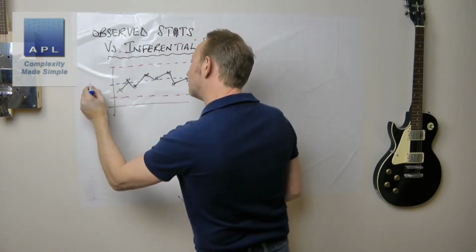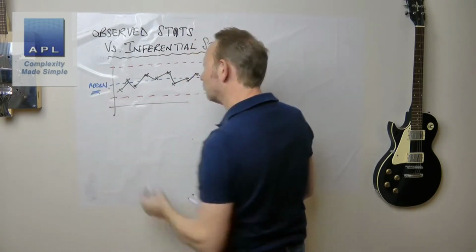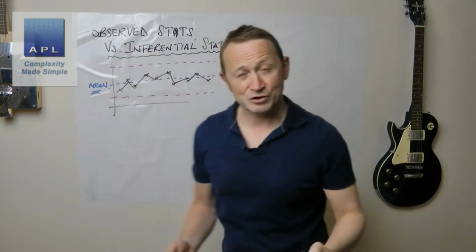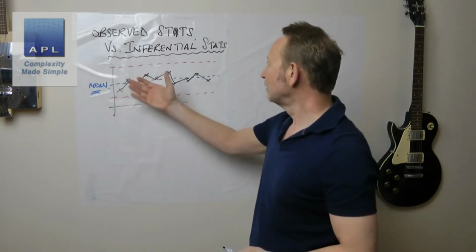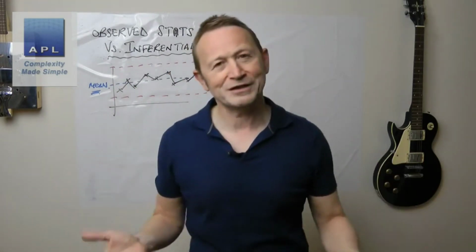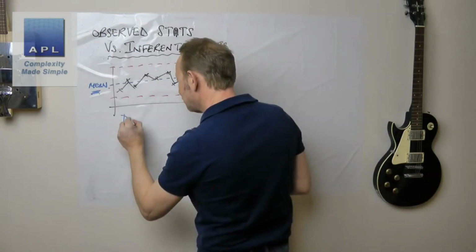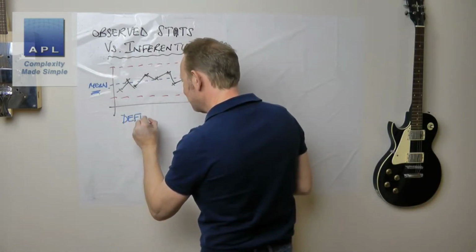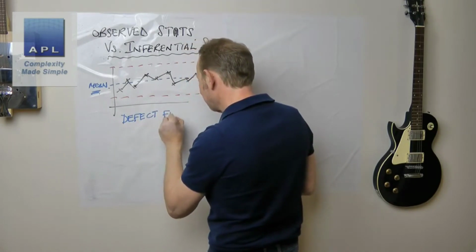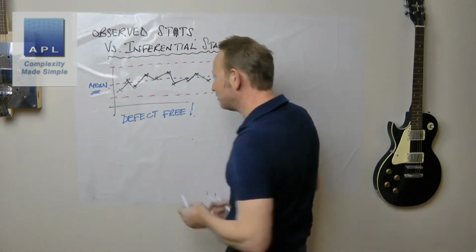They might work out the mean. In other words, what am I observing from my 20 data points? And what's the defect rate? What am I observing from my 20 data points? And they say, well, okay, what I'm observing is that all 20 data points are defect free.